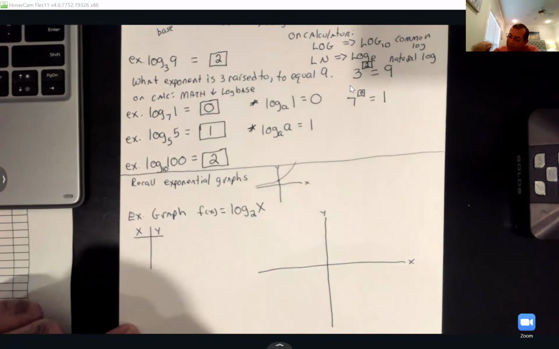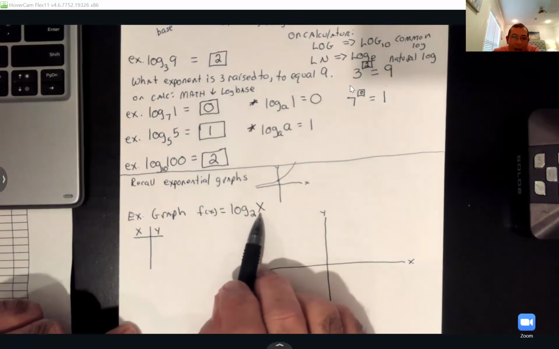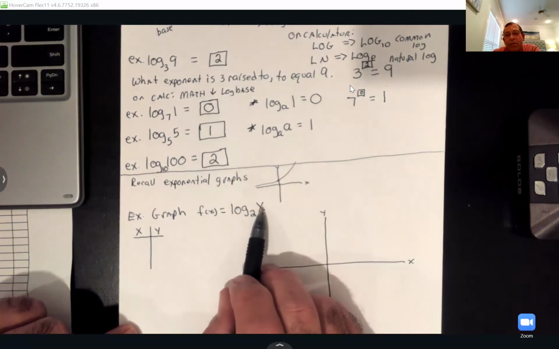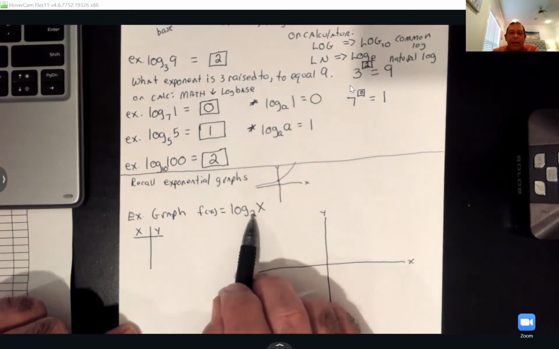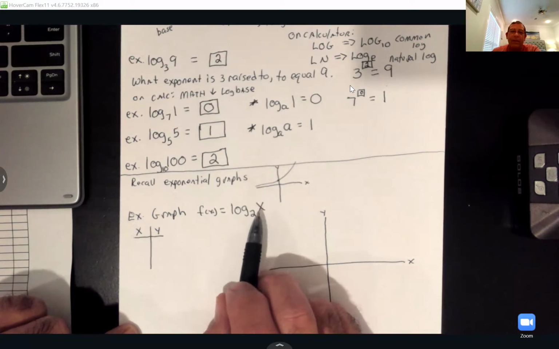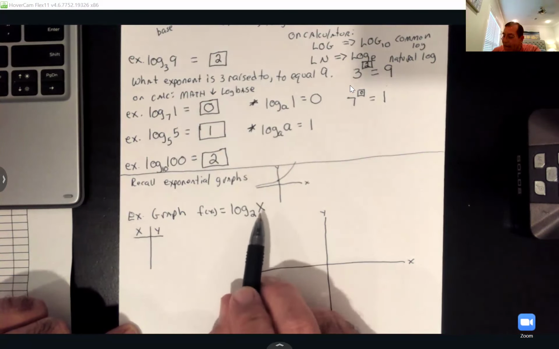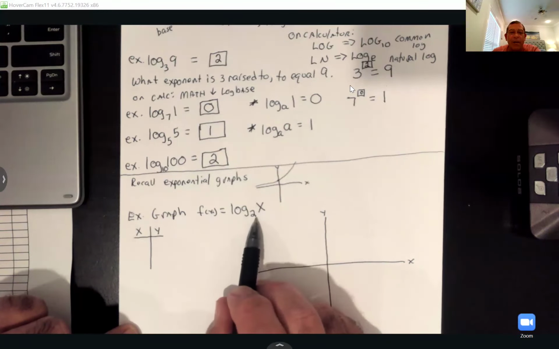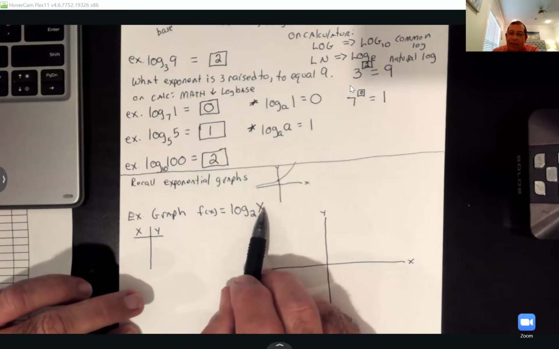Now, here's the thing. X cannot be negative because there's nothing you can do to a 2 to make the result negative. I can't raise 2 to any exponent that'll make it negative. So my x's cannot be negative. My x's can't even equal 0 because there's nothing I can do to a 2 to turn it into a 0.